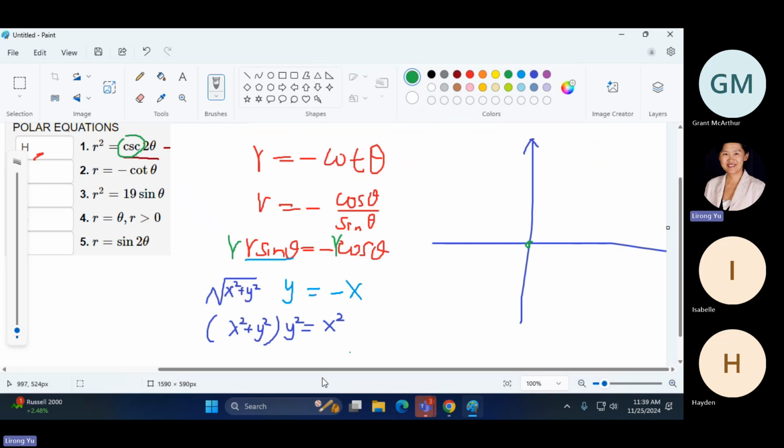If x equals 1, then 1 plus y squared times y squared will equal 1. So for x equal to 1, there are two y values we can solve, so up and down.